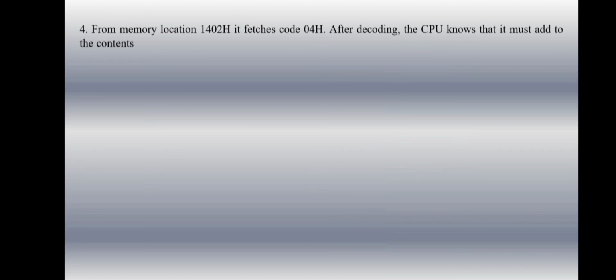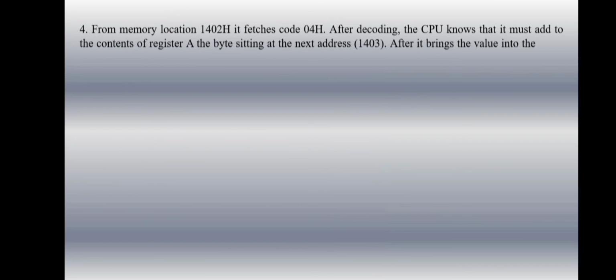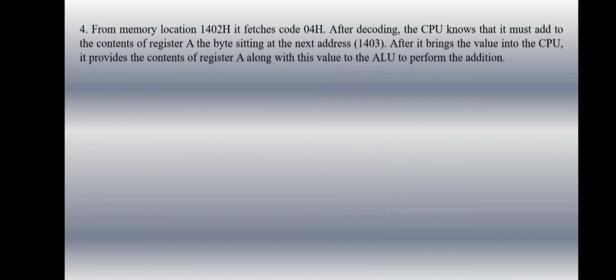After decoding, the CPU knows that it must add to the contents of register A the byte sitting at the next address 1403. After it brings the value into the CPU, it provides the contents of register A along with this value to the ALU, that is the Arithmetic Logic Unit, to perform the addition.